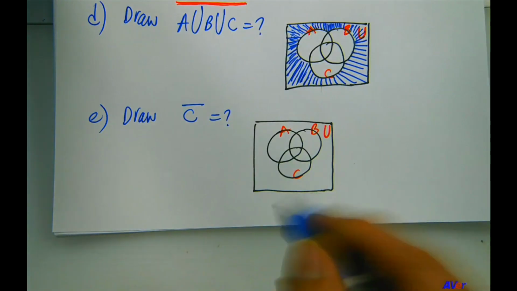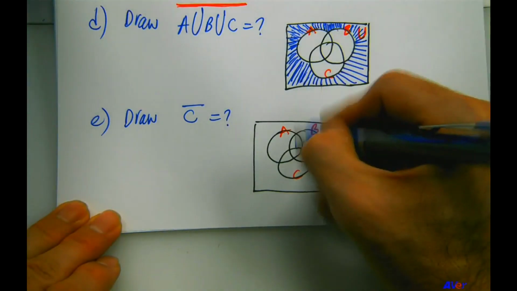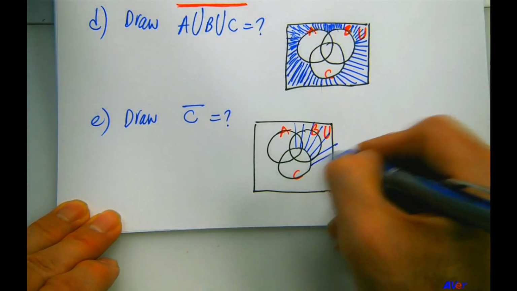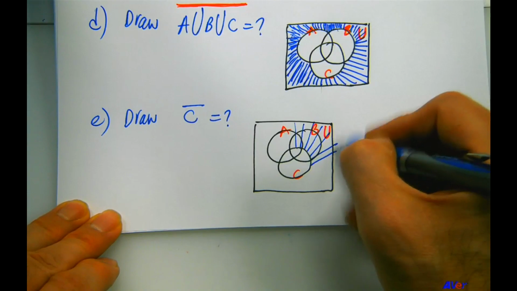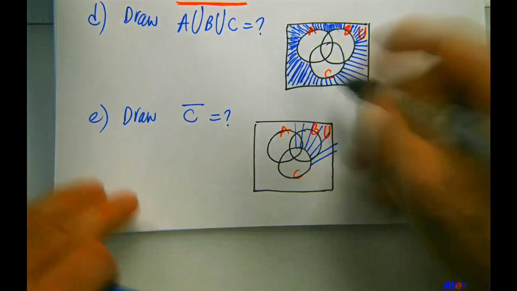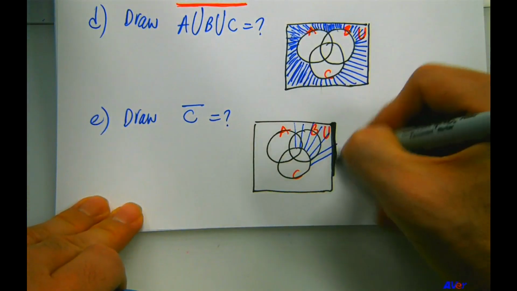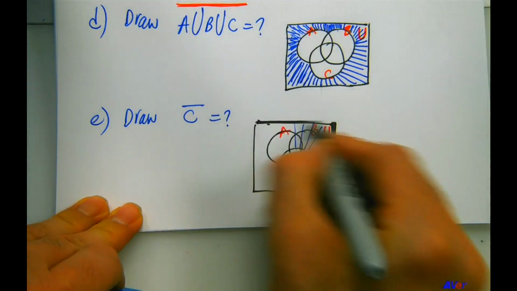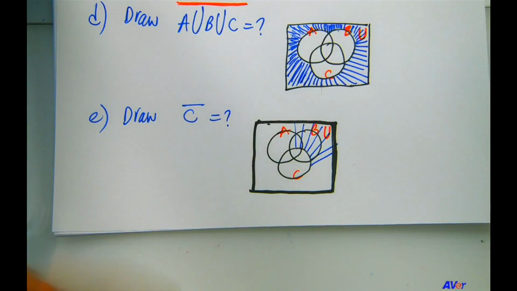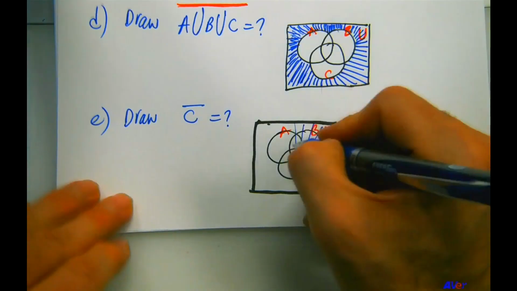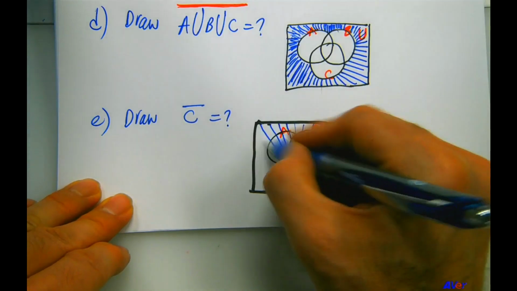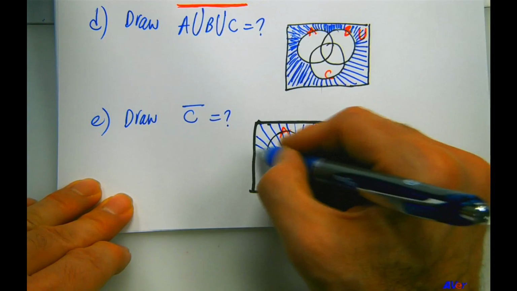So C bar would be all of that. Oops, I should not go outside of the box. Let me correct that, guys. I need to stay within the box, but outside of C. So that is C bar.